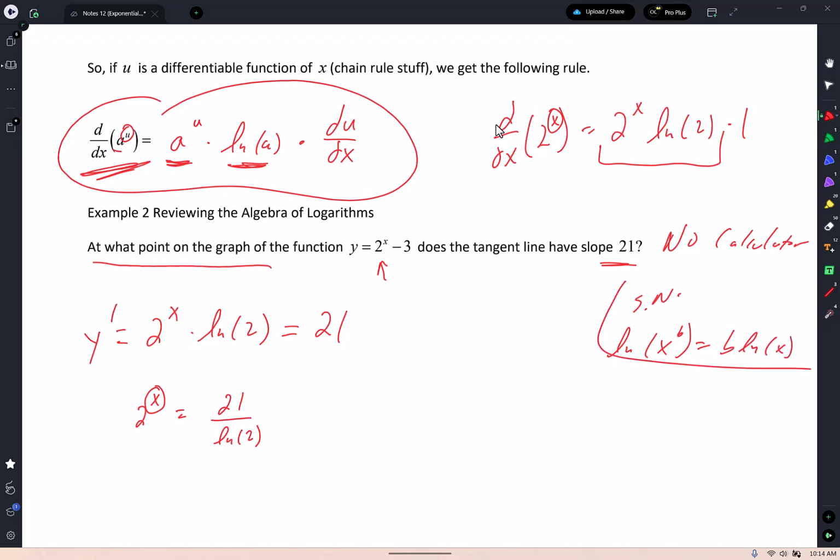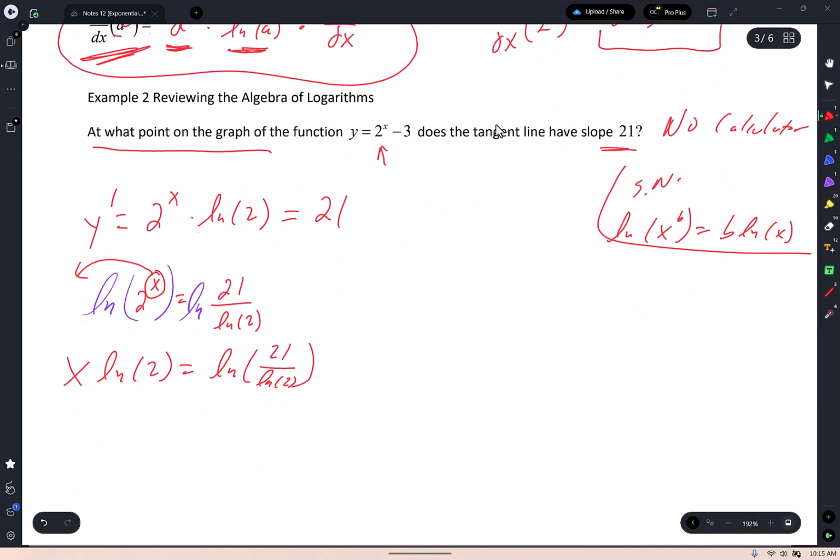If I want to solve for x, whatever you do to one side, you do to the other. You put ln and you put ln. And now I can just move that x to the front. X ln of 2 equals ln of 21 over ln of 2. And yeah, you could do a property here, but I wouldn't. Leave it alone. All I got to do now to get x by itself is divide by ln of 2.